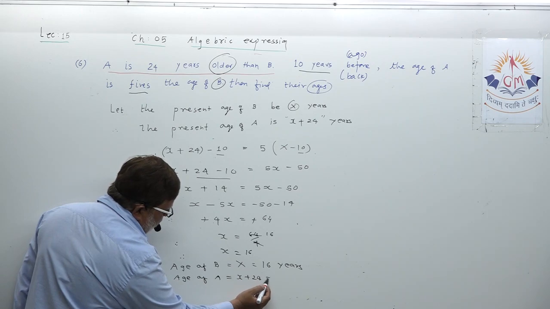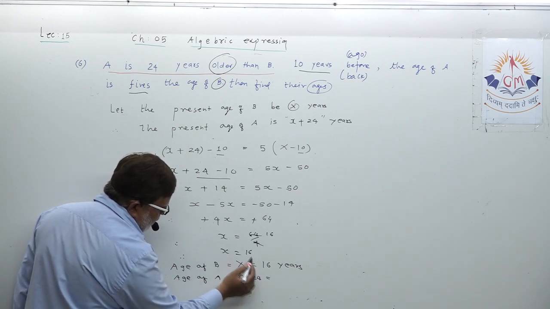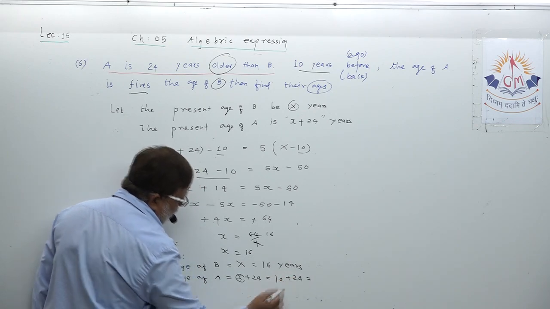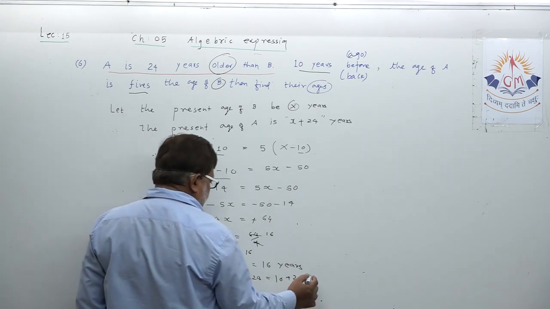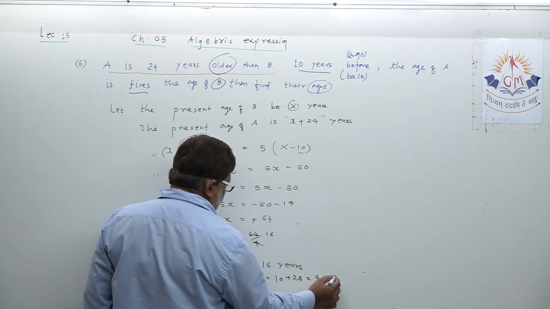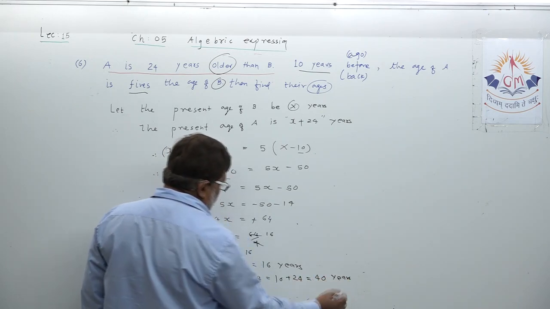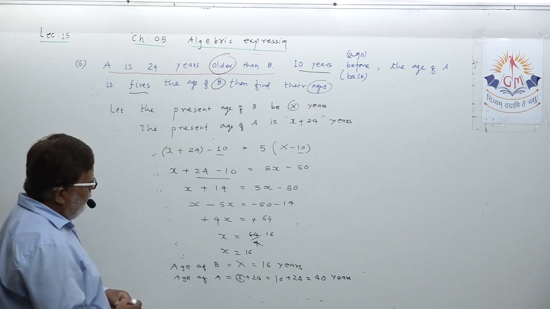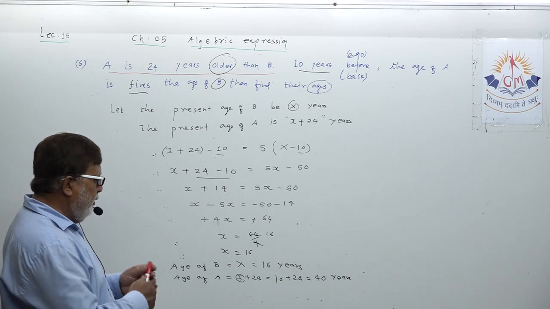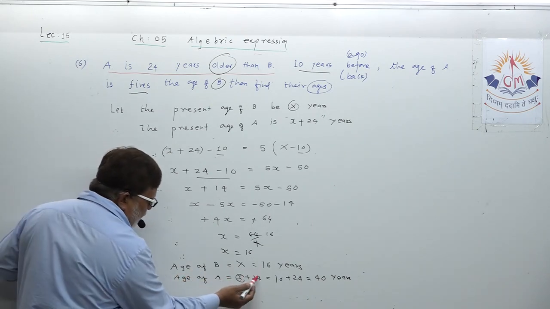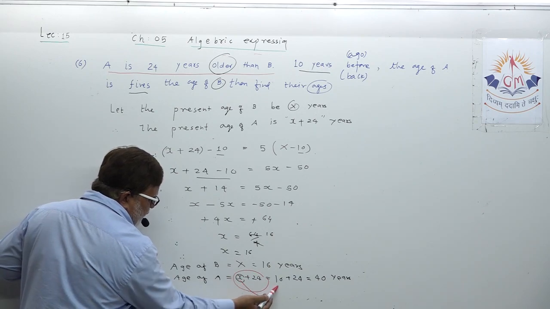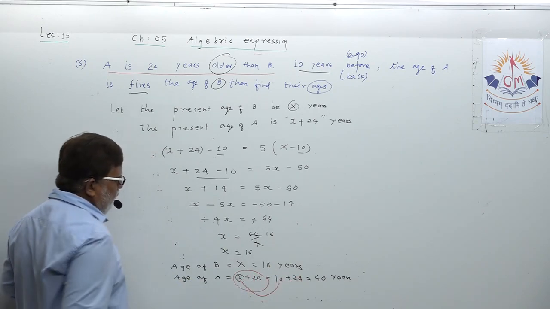So first you substitute the value of x. What is that? 16 plus 24. Okay, this is turning out to be 40 years. Check this. Here, dear student, you have to be very conscious in substitution. Understand? X plus 24 I have written. Instead of x, 16 plus 24, 40.